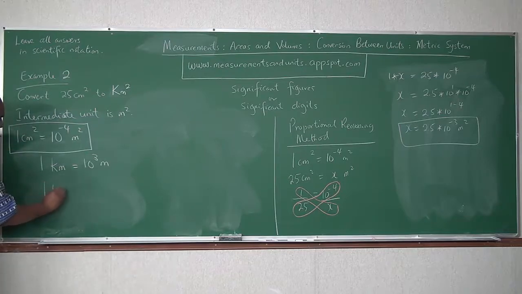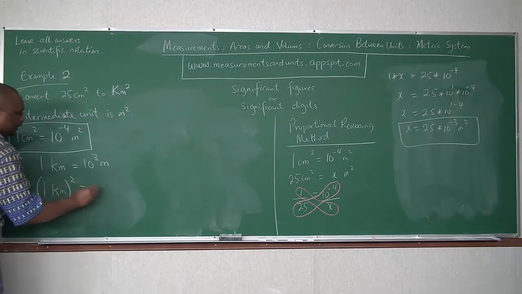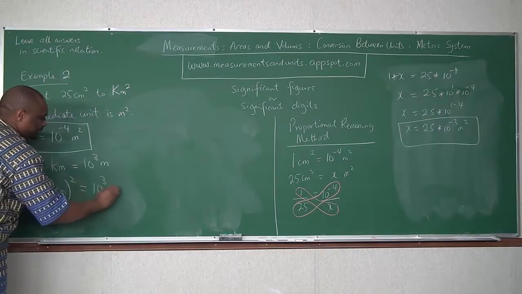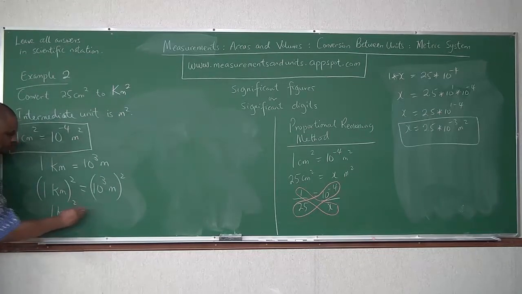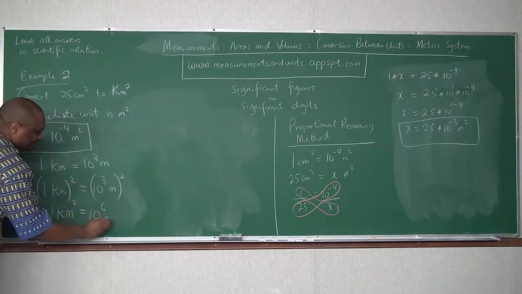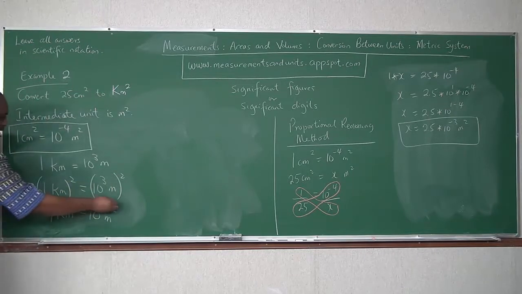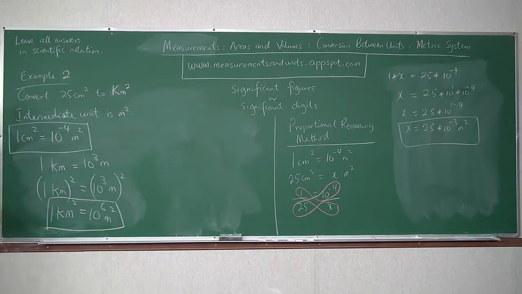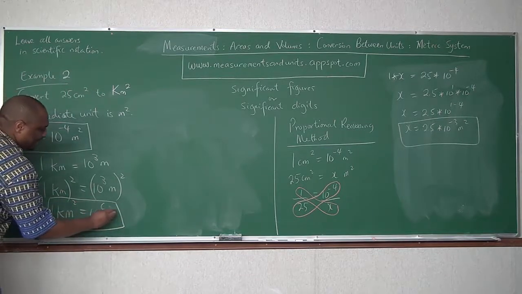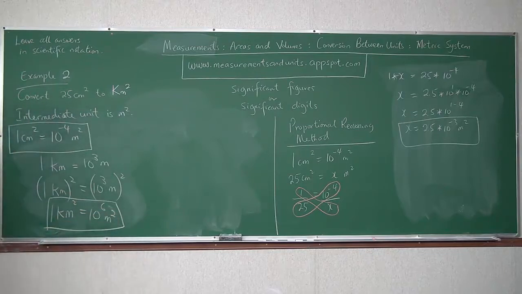So 1 kilometer, all squared, is 10 to the 3 meters, all squared. So we see that 1 kilometer squared is equal to 10 to the 3 times 2, which is 6, meters squared. So 1 kilometer squared is 1,000,000 meters squared, 10 to the power 6 meters squared.